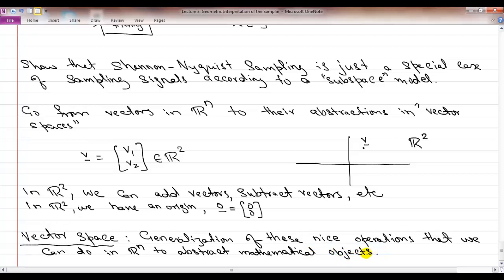And there is a formal definition of a vector space. If any collection satisfies those properties, we say that is a vector space.